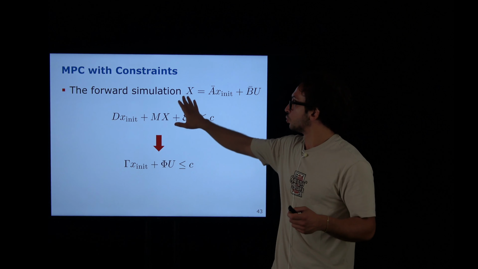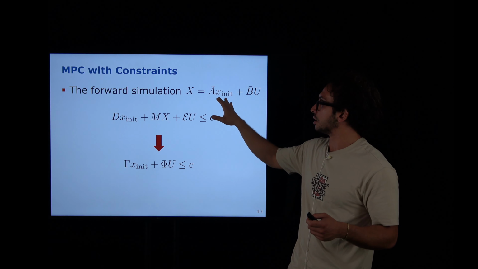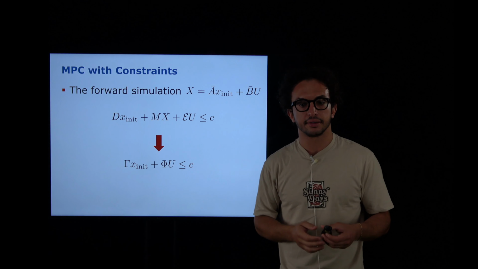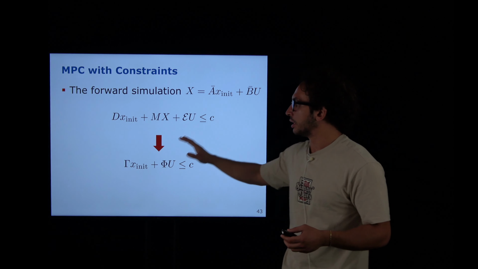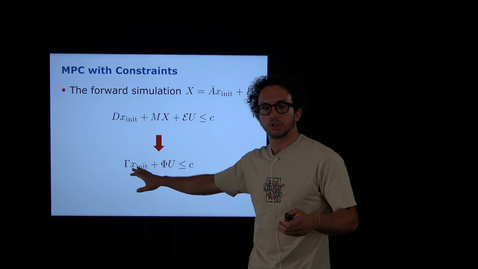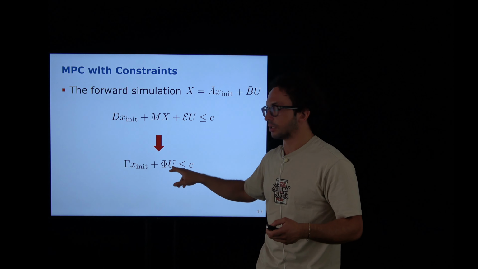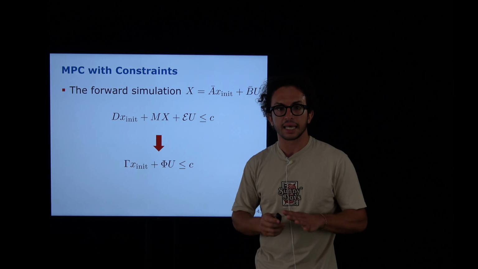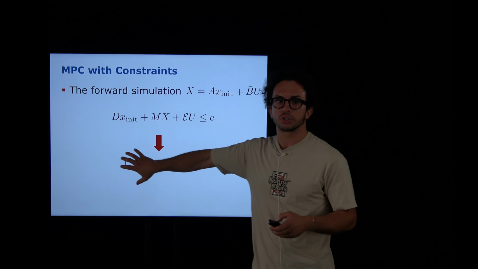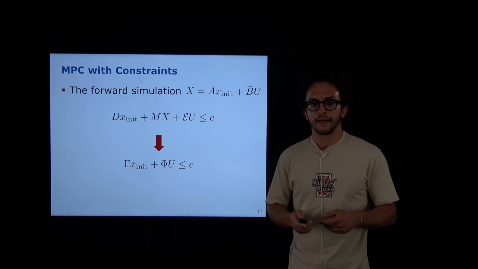Since the states are expressed in terms of x init and of the input, in the end what we get is just a matrix multiplying x init and a matrix multiplying the input. And that's it. There's nothing else. This handles all of the constraints that we want to deal with.